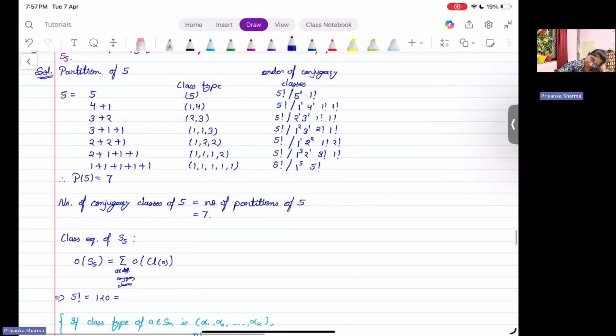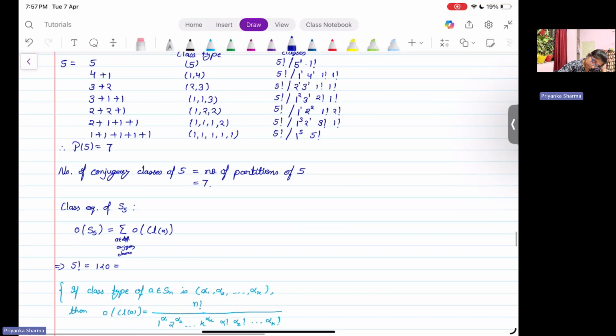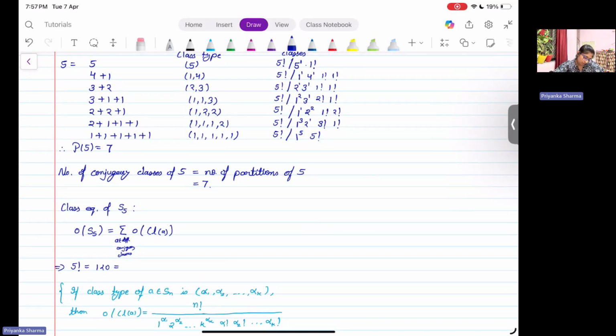Actually I just wanted to give you a general formula for this. So corresponding to this, I need to rewrite this.